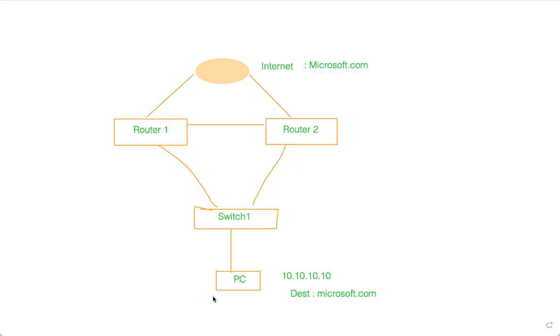So on this PC, to reach the internet, what is the path? Let me ask Divya. Tell me, for the PC to go to Microsoft.com, what will be the path?